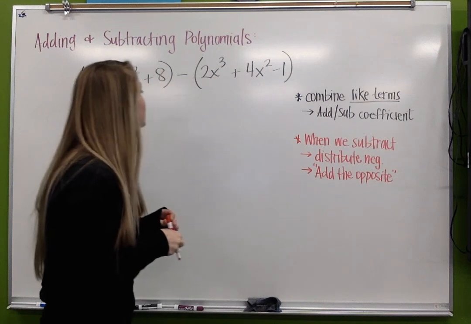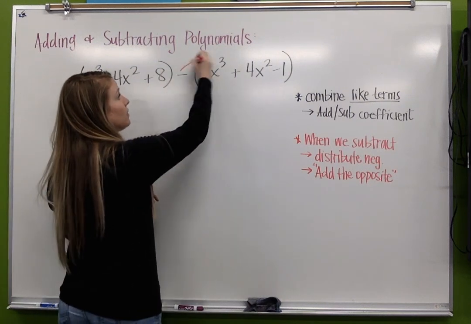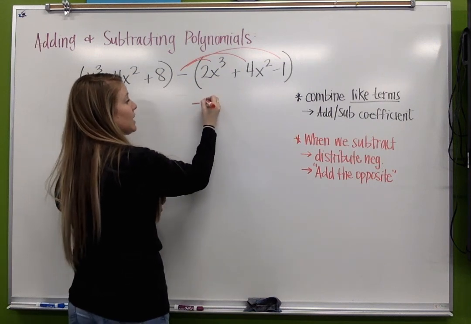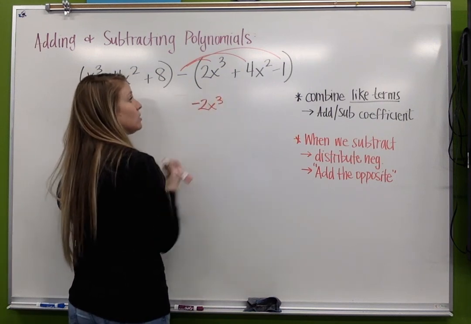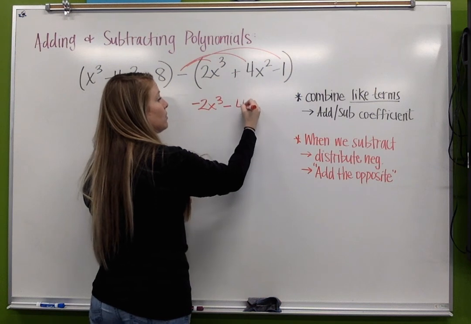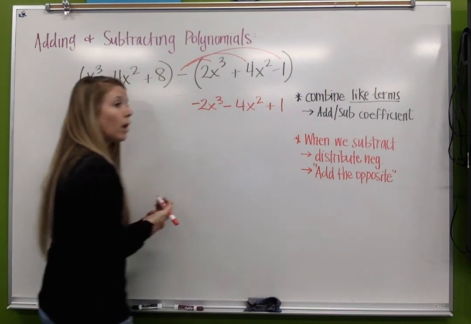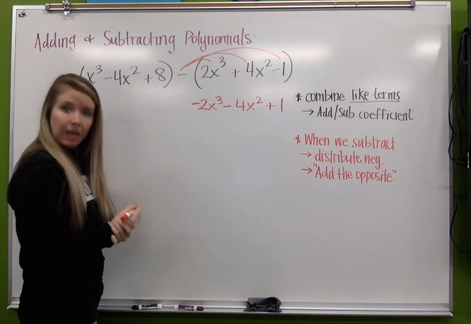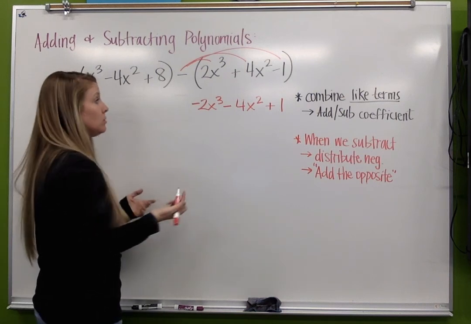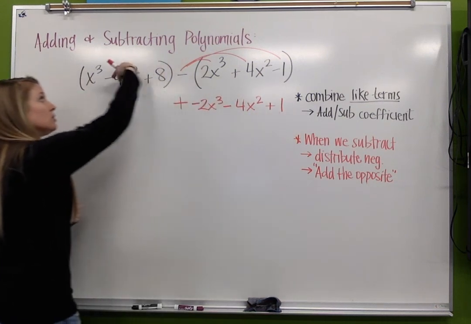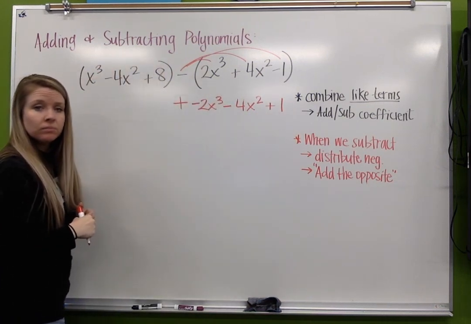All right, so I'm going to take this negative, and if I distribute that through, that's going to end up giving me a negative 2x cubed, a negative 4x squared, and a positive 1. Okay? So now all I'm going to do is add these values to my first polynomial.